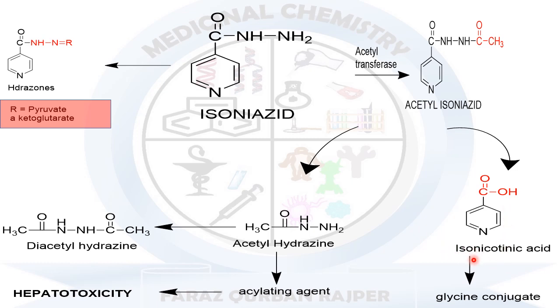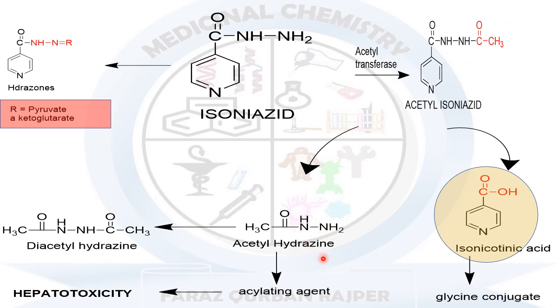Isonicotinic acid can undergo phase 2 metabolism with glycine to form the conjugate. On the other hand, it can be converted into acetylhydrazine. So one part is converted into isonicotinic acid, and the remaining part is known as acetylhydrazine.